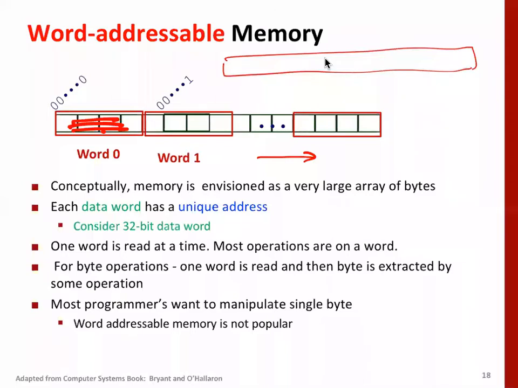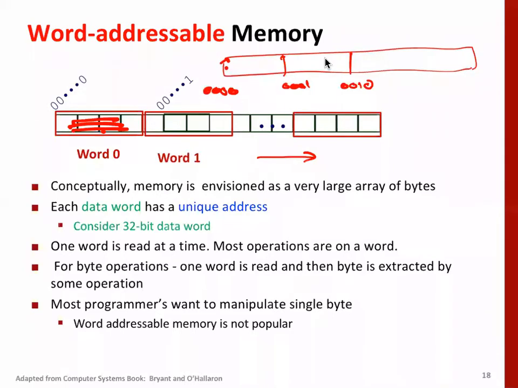The first address will be 0000, the second address will be 0001, and the third address will be 0010. Inside this could be anything.